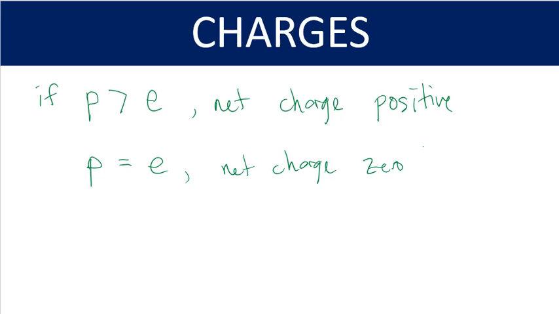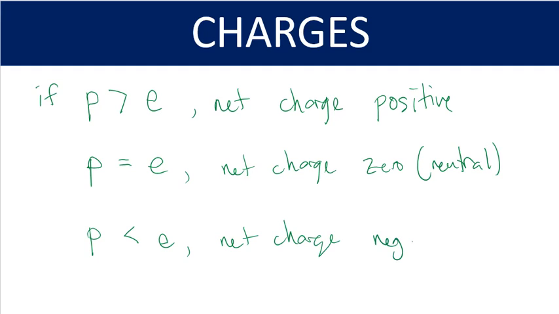Another way to say this is the object is electrically neutral. Last, if the number of protons is less than the number of electrons, the net charge is negative. Now you have to count the number of protons and subtract from that the number of electrons.